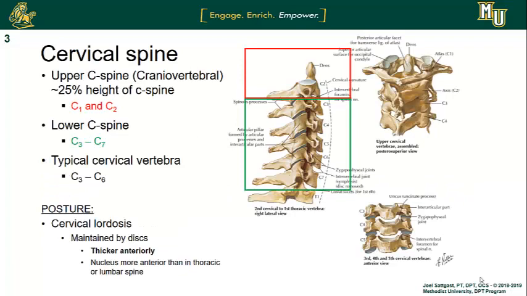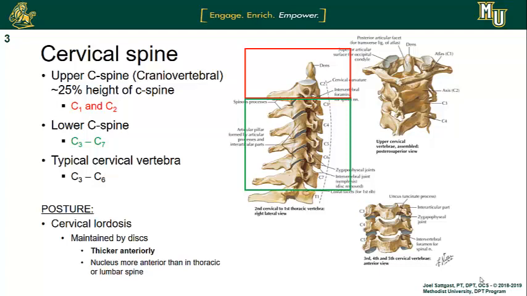When we look at the cervical spine, the upper cervical spine, otherwise known as the craniovertebral region, is approximately 25% the height of the cervical spine as a whole. And when we look at the craniovertebral region, we recognize that that is primarily composed of C1 and C2 as well as the occiput. The lower cervical spine is recognized as C3 through C7, with your typical cervical vertebra being C3 through C6.